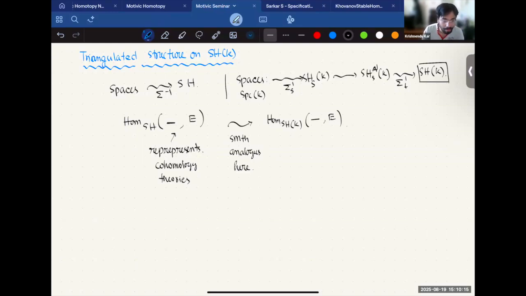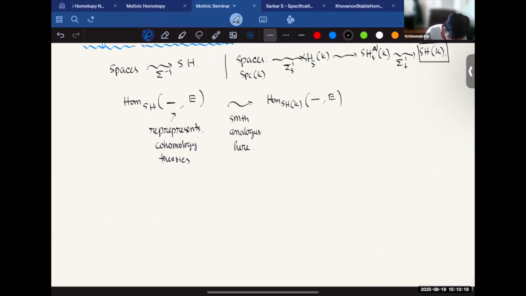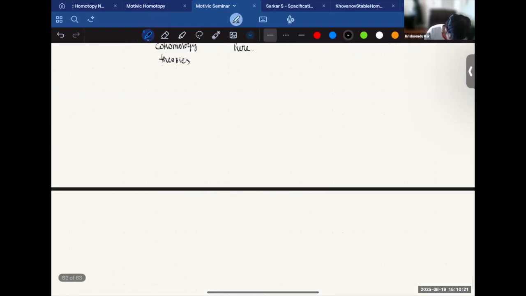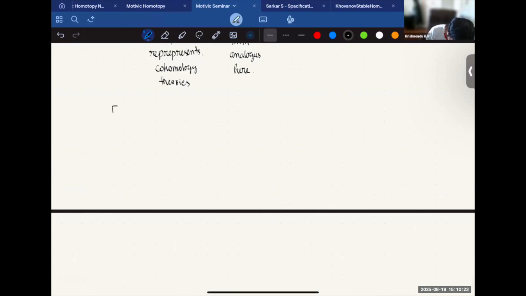So let's talk about that a little bit. We start with a spectrum, a bispectrum, and we want to find a triangulated structure over it. We don't start with an object, we start with a map when talking about this triangulated structure.